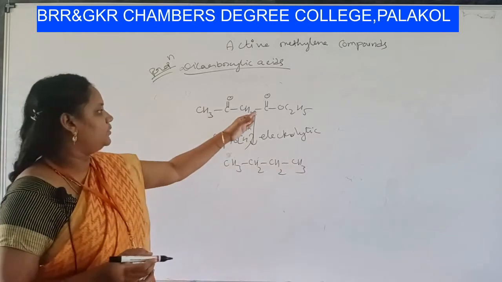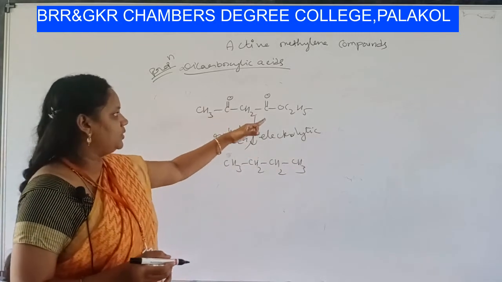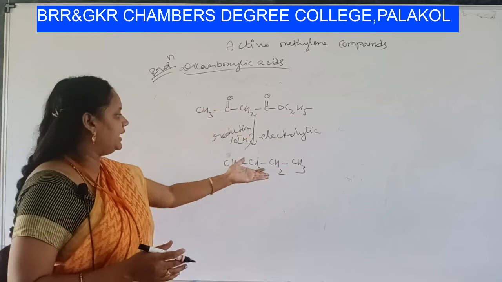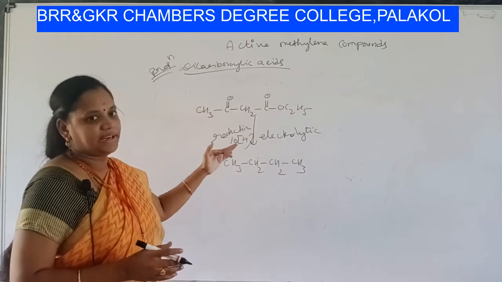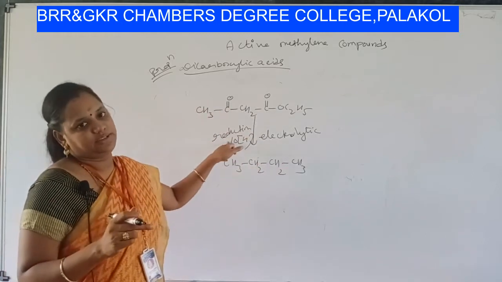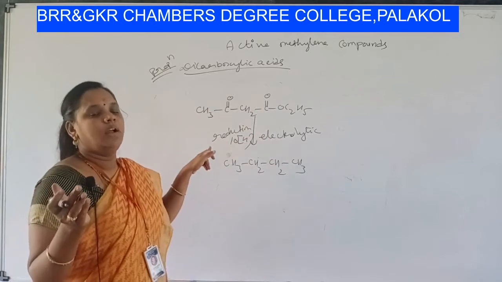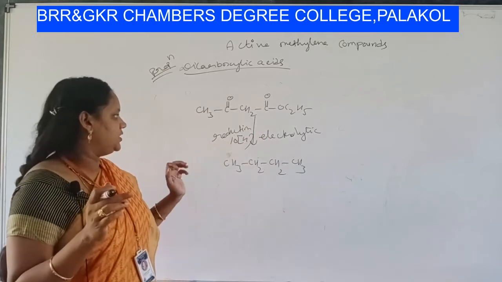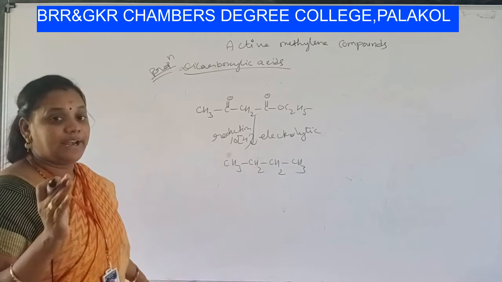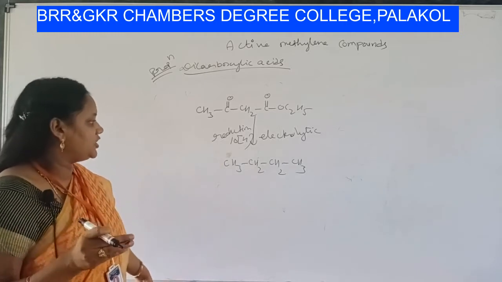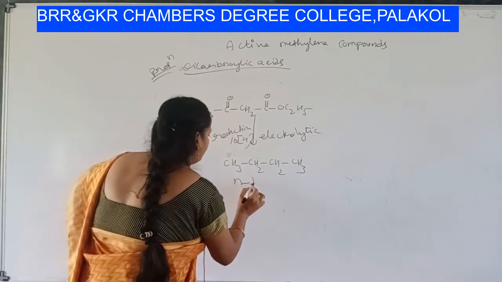Okay, the other will be removed as alcohol, 2 hydrogens here, water molecule totally. So 10 hydrogen atoms, 5 H2, undergo electrolytic reduction to form n-butane.